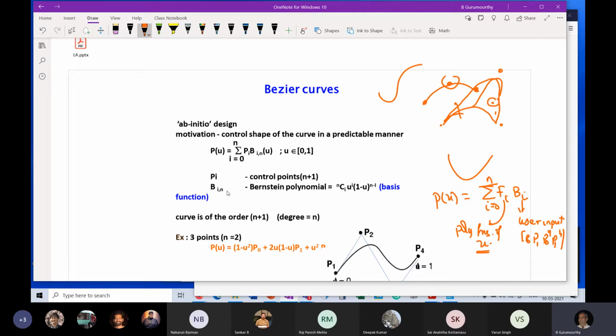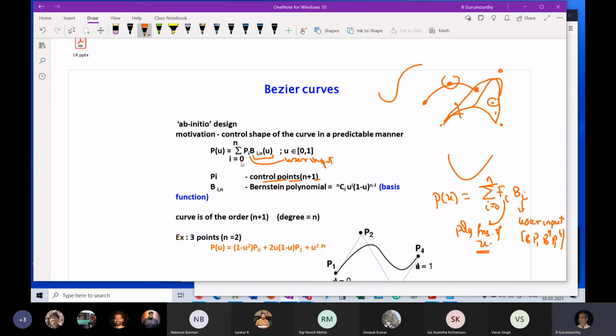If you look at the form here, right? Again, you have two entities, Pi and Bi,n of u. Clearly, this is taking the role of Fi because this is the function of u. Now, what function we will show you in a minute, but rest assured it will be a polynomial function. And the Pi's now are the user inputs, and these are called control points.